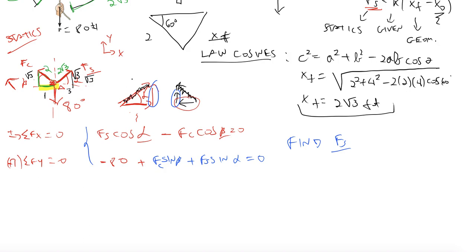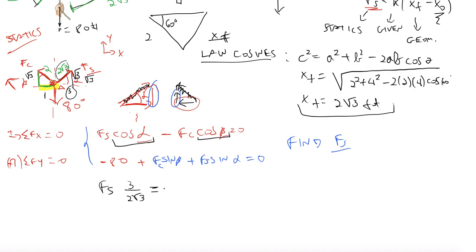All right, so now that we have that, all we have to do is just follow the triangles and substitute these trigonometric functions with their ratios of the sides. So Fs cosine alpha is going to be adjacent over hypotenuse, so 3 over 2 square root of 3.